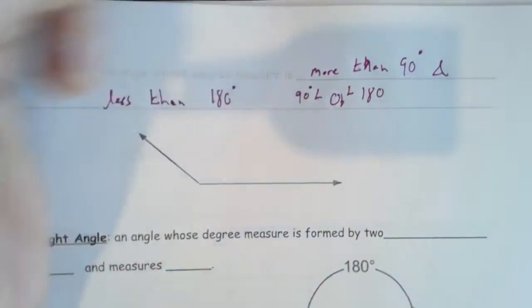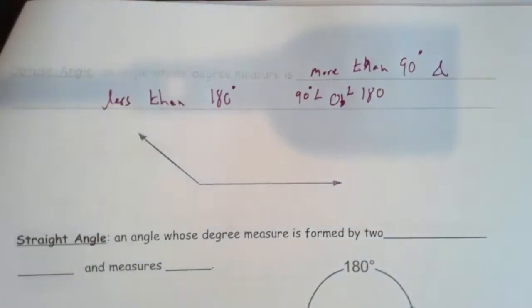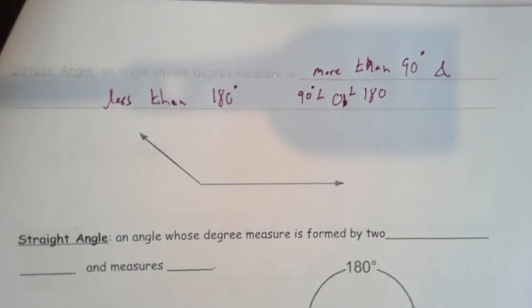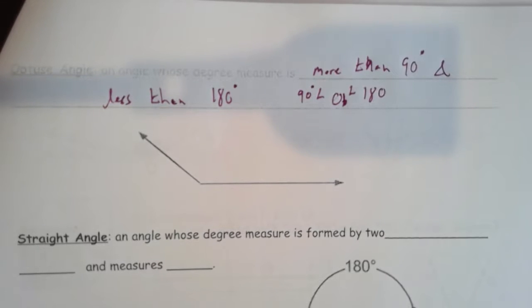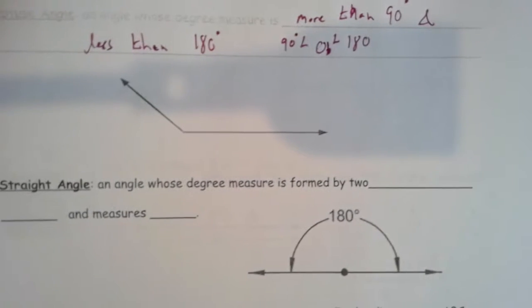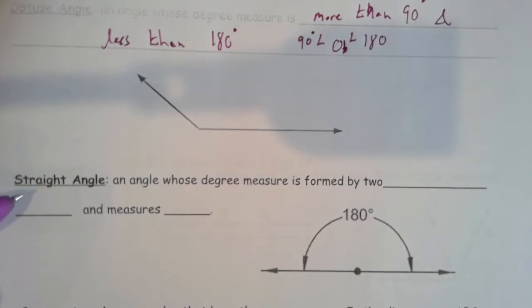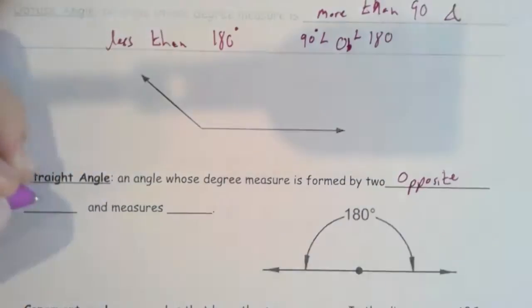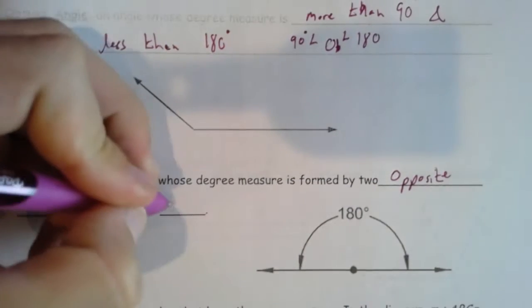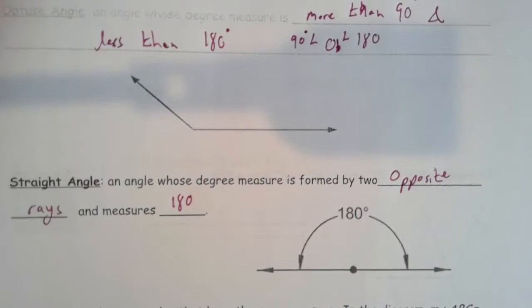This is what an obtuse angle would end up looking like. And then finally, for the notes here, a straight angle is an angle formed by two opposite rays, and that measures 180 degrees.